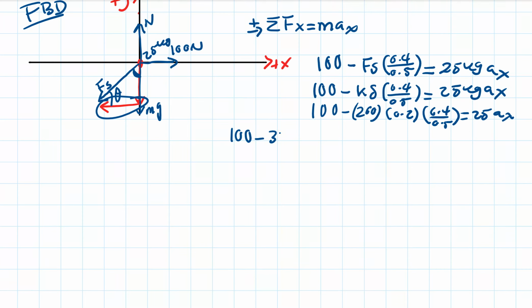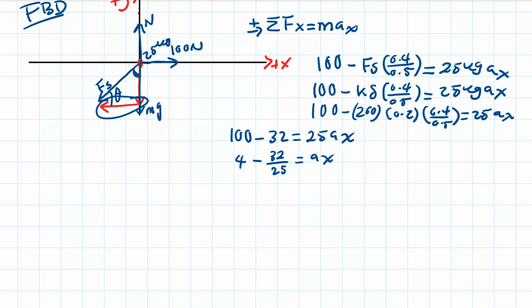So 100 minus 32 equals 25 a_x. 100 over 25 is 4, minus 32 over 25, equal to the acceleration in the x direction.